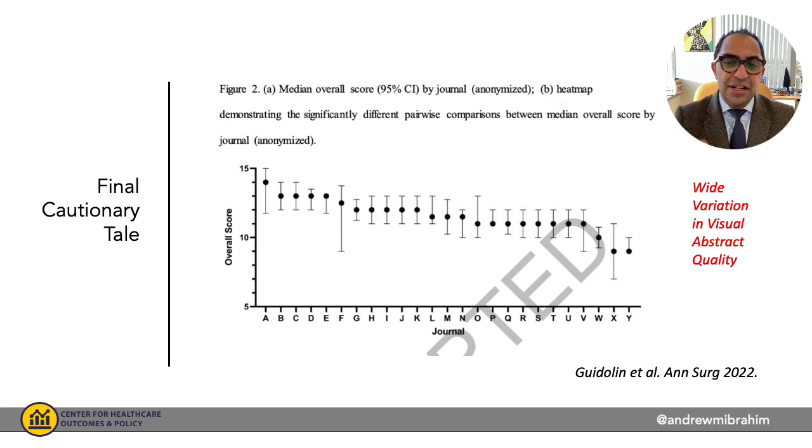And you can see here, there's a huge variation. There's some journals, like Journal A, who on average hit 14 of these 15 criteria and produce a high quality visual abstract every time. And then there are some, like X and Y, where it's a little all over the place, but on average, they're probably missing about a third of the elements.